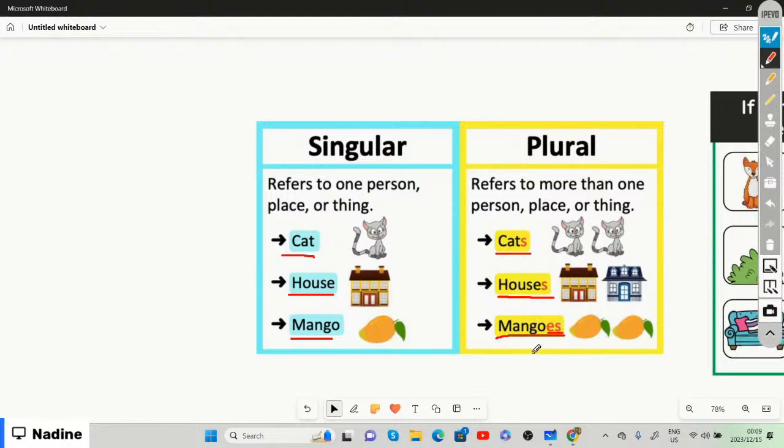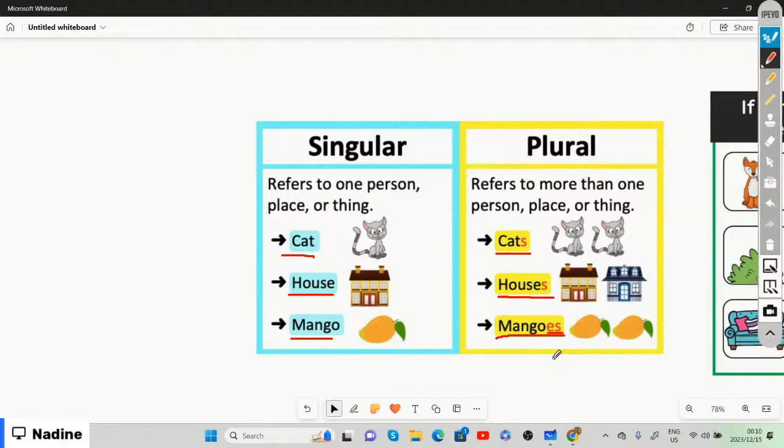Remember, we said that when it comes to showing more than one person, place, thing, or animal, we either add s or we add es. And in this case, with mangoes, we added the es. Potatoes will add the es. Tomatoes will add the es, right?